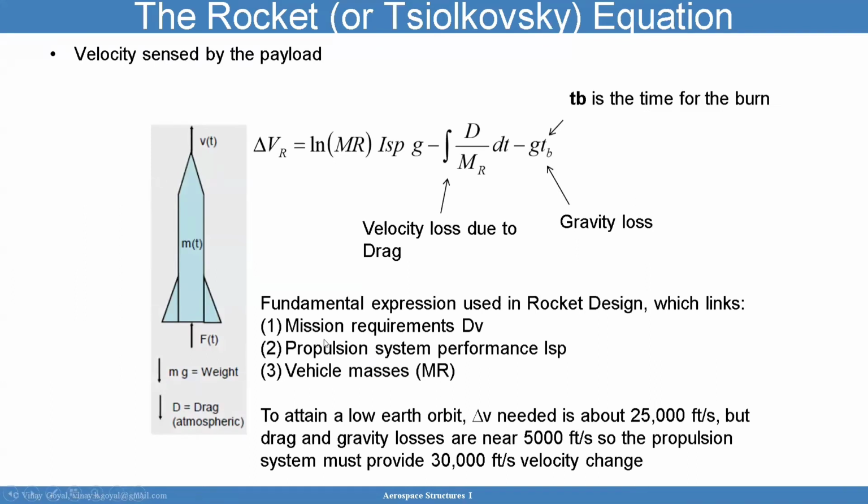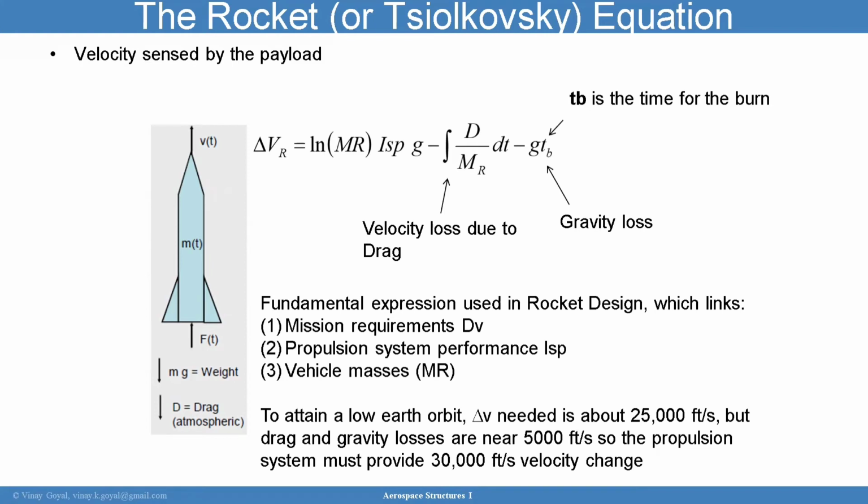Here, I'm going to take the ideal rocket equation, which is right here, and I'm going to add a few more terms. The fact of the matter is that the velocity sensed by the payload will be decreased by 2 factors: drag as you travel through the atmosphere, and notice how when you travel through the atmosphere it becomes thinner, and so drag becomes less.